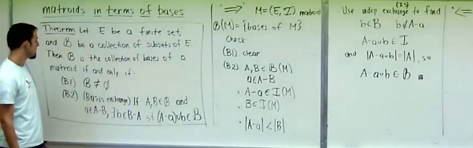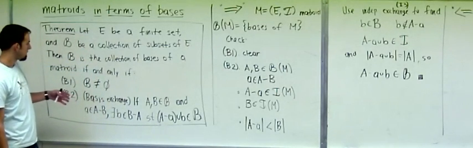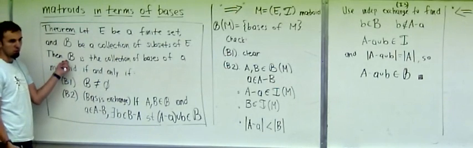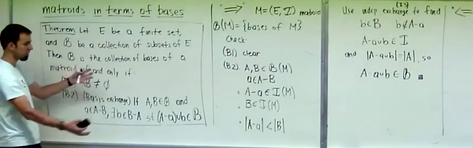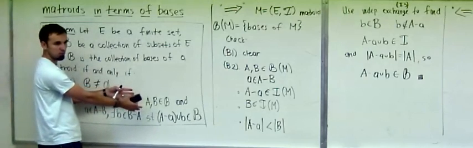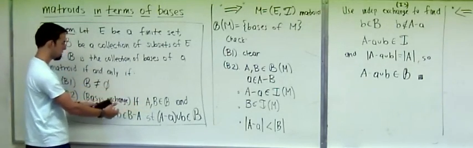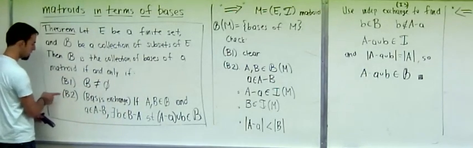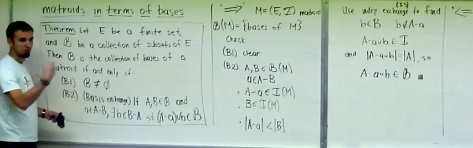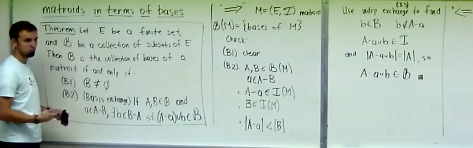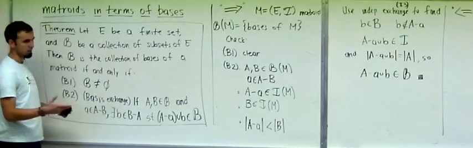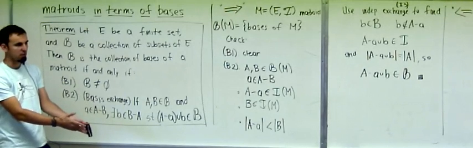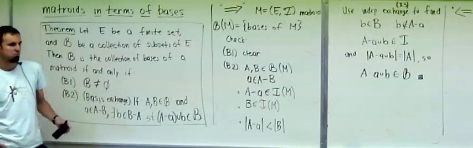His point is, if I give you a collection B of sets that maybe have the same size, but don't necessarily satisfy these conditions, and you want to form a matroid with these, condition B2 is going to demand that you throw other things in there. And that way you can start with a collection of sets of the same size and generate a matroid with that.